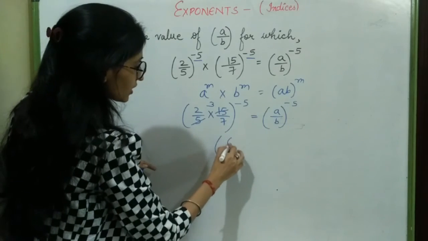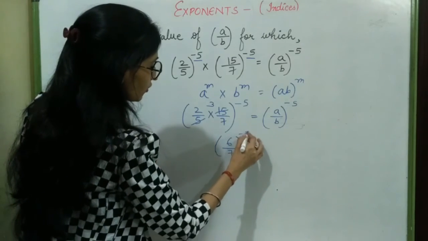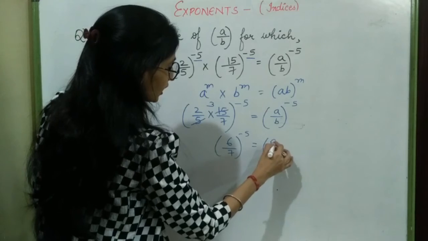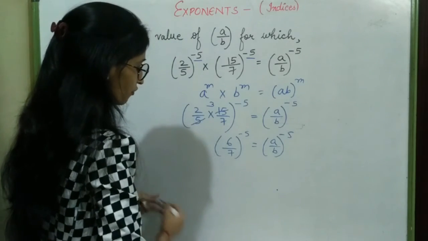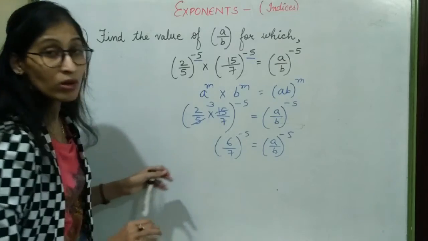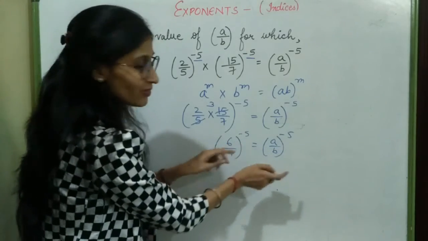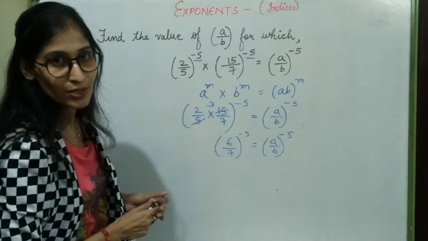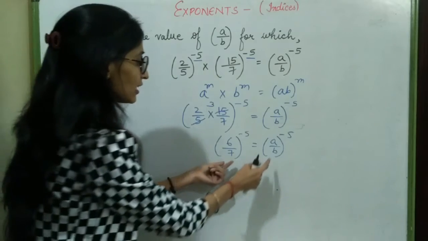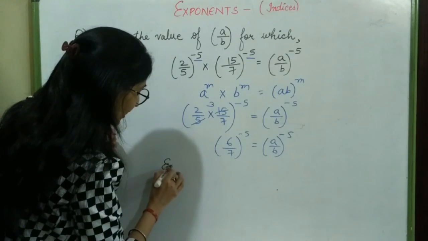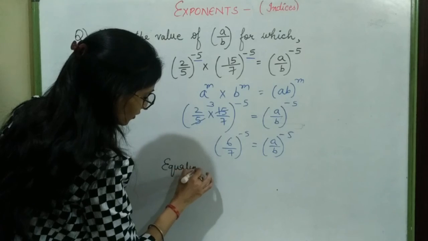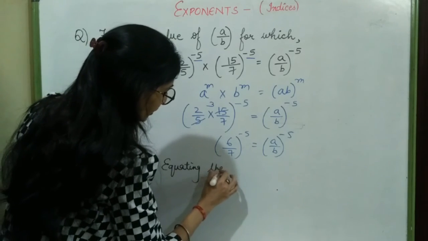So it will become 6 upon 7 raised to power minus 5 equals to a upon b raised to power minus 5. Now the powers are same and the sign is of equals to. So now I can equate the bases.